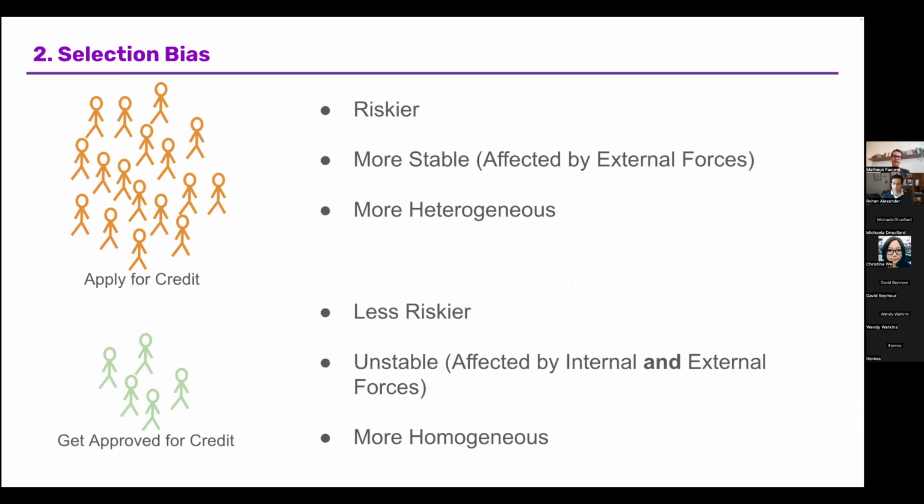While the people that got credit are less risky, but more unstable, and the reason for why it is unstable is because as the bank increases or decreases its risk appetite, the population that comes in can shift the risk.